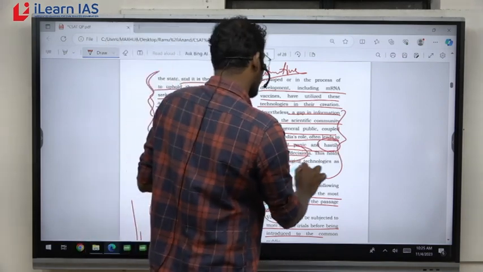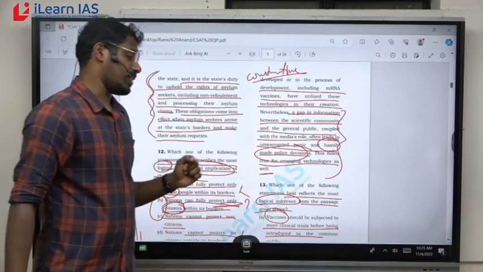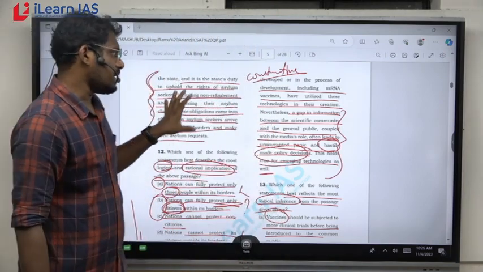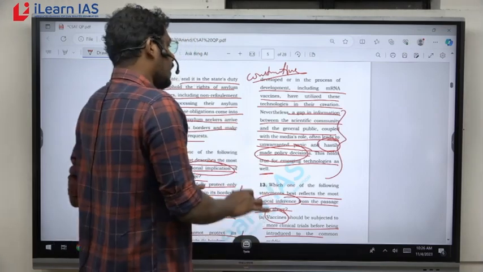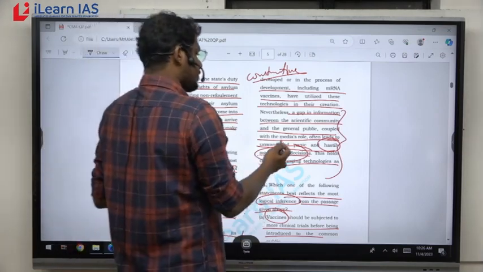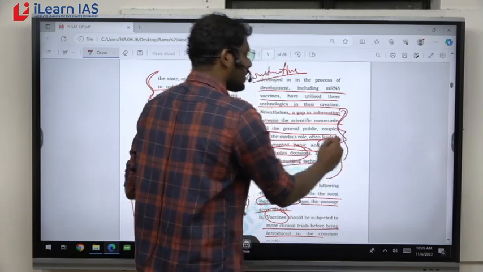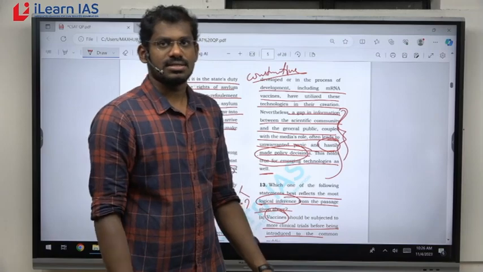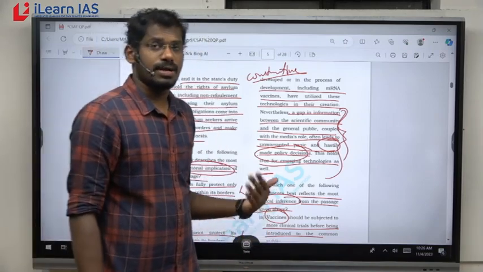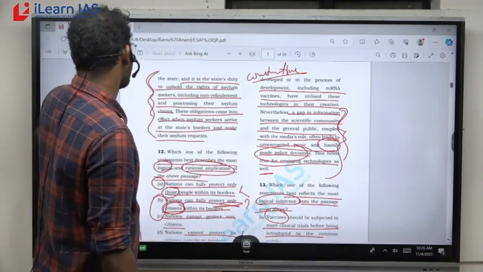This holds true for emerging technology as well. So actually the passage says that emerging technology has been in use for dealing with the pandemic, but at the same time, there have been some hasty policy decisions which may cause detrimental impact in society as well.